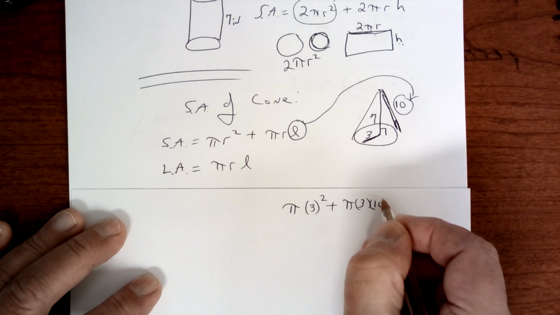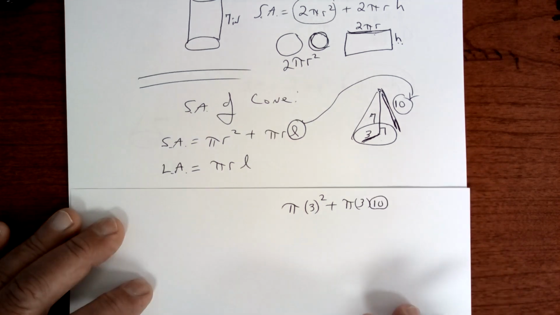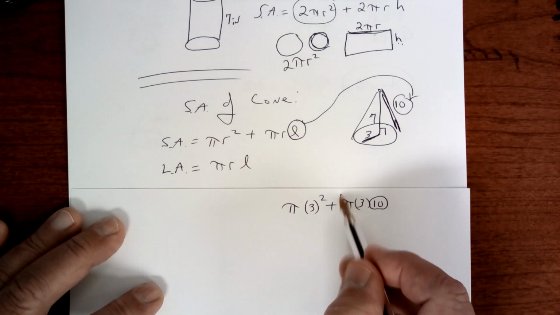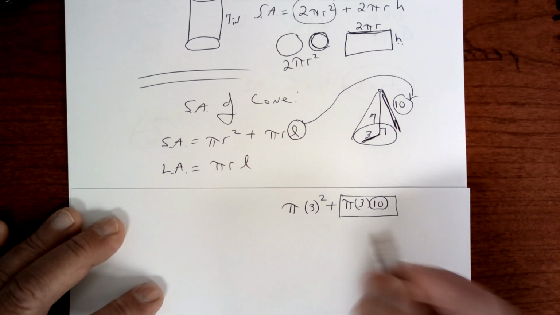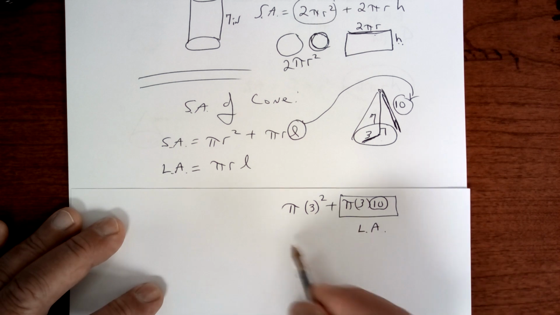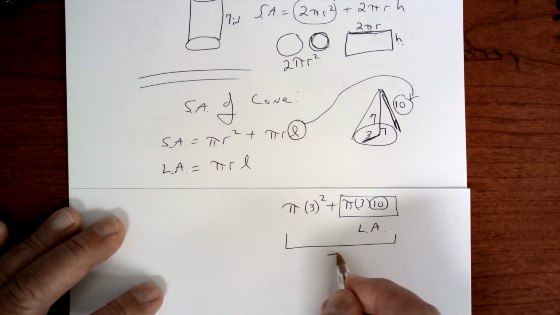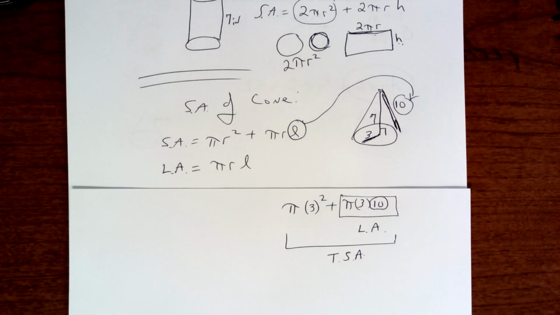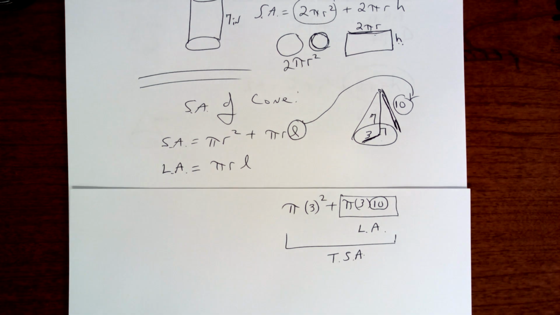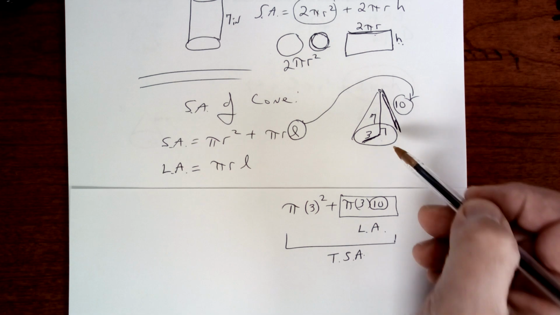Now on today's worksheet, they might ask you for lateral area. Lateral area would just be that part right there. The whole thing is total surface area. Okay? So lateral area would just be the sides and not the circle.